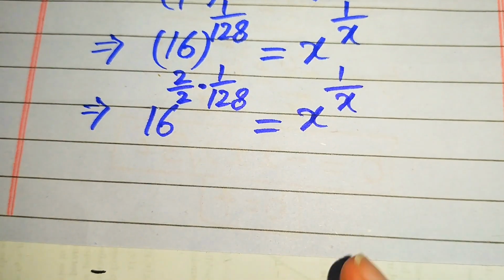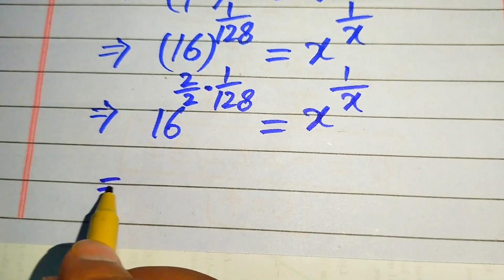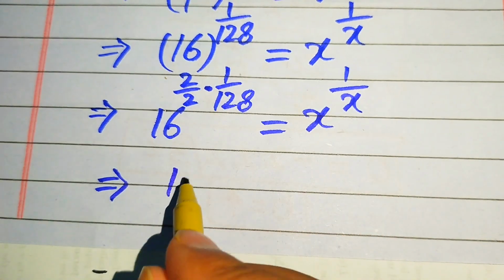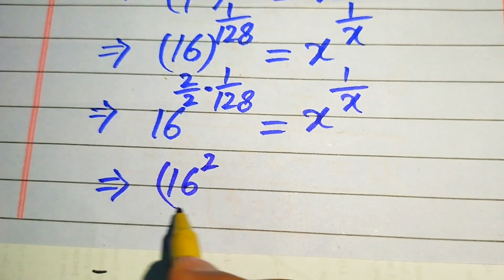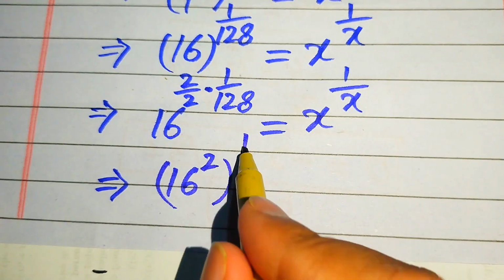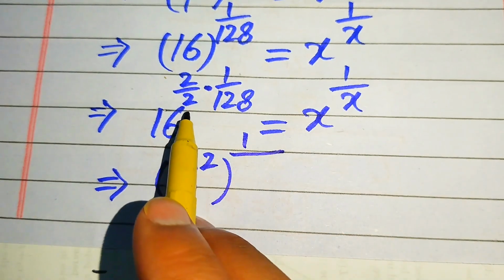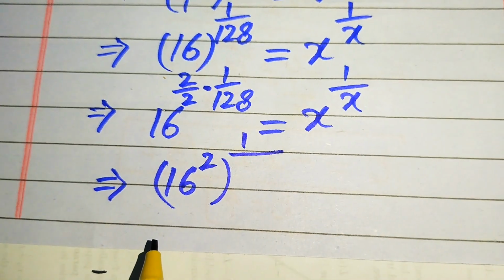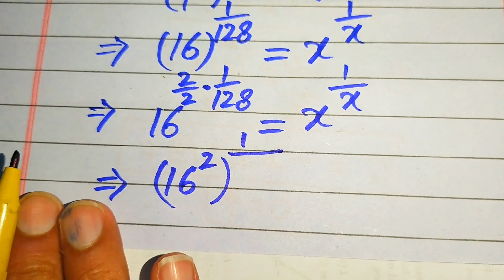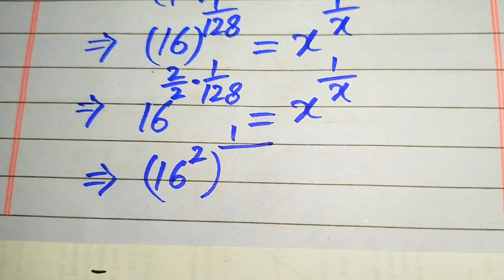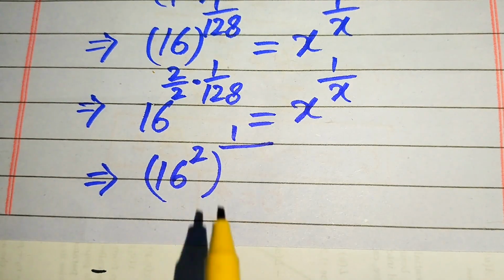So by repeating the above process, we again move 2 inside, and it becomes 16 squared and its whole power is 1 over, we multiply this 2 times 128. We know that 2 times 128 is equal to 256.